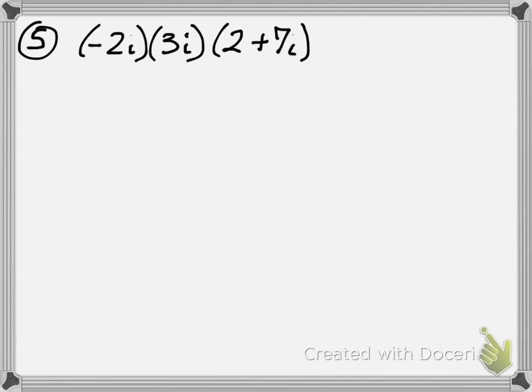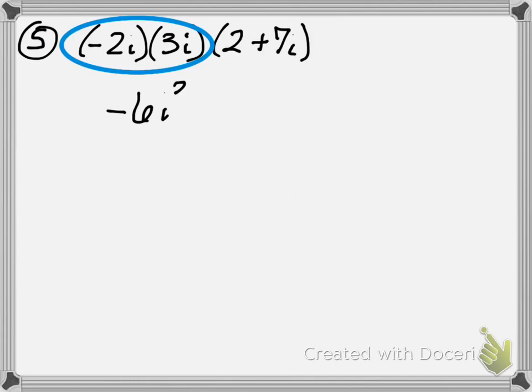Combine like terms is typically said whenever you're adding and subtracting. Can we add or subtract to combine like terms? Is this what you're thinking about, combining these two? So multiplying the two monomials together. So what is negative 2i times 3i?